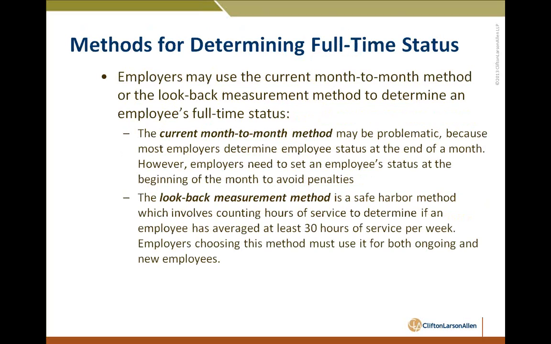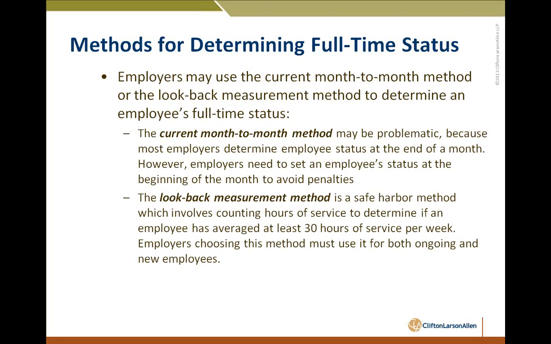So there are different methods for determining full-time status, and the thing about this is that the assessments from the exchanges, I understand, are going to be on a monthly basis. So they would assess employers based on the employees that come to the exchange and get a subsidy, then they would send back an assessment to the employer on each of those employees, but it's on a monthly basis.